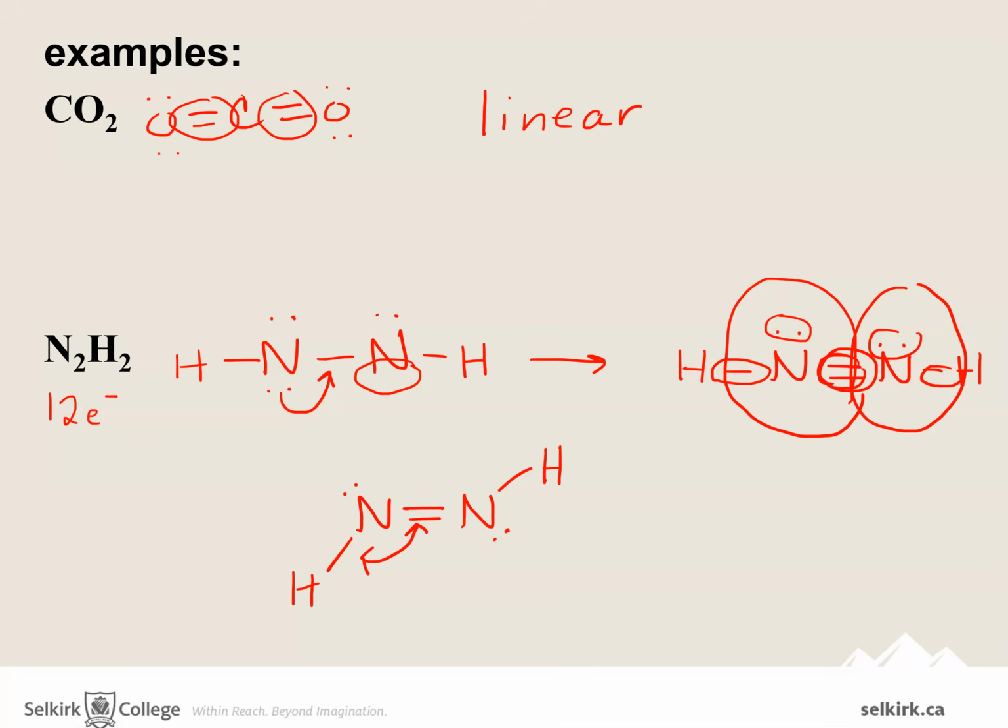Well, 3 electron pair domains, based on a trigonal planar, based on 120. But because I have a lone pair, that's going to take up a bit more room, and that's going to squish that angle down a little bit. So I'm just going to say less than 120. I don't want to overstep my data. I don't know exactly what it will be. I just know it'll be a little bit less than 120.